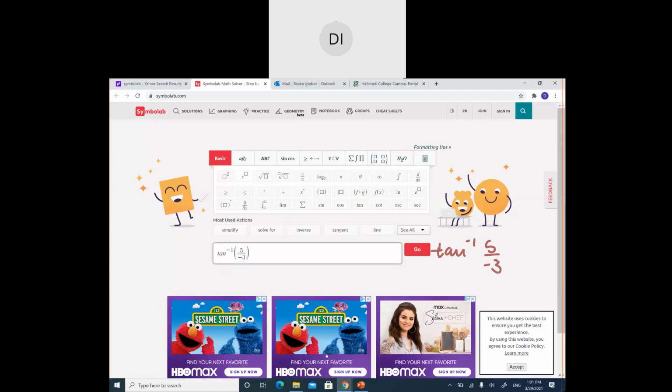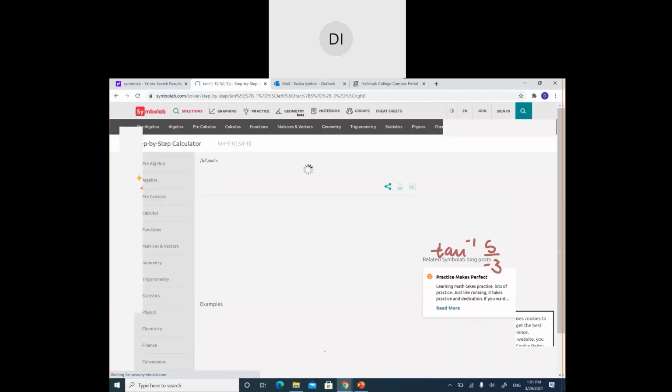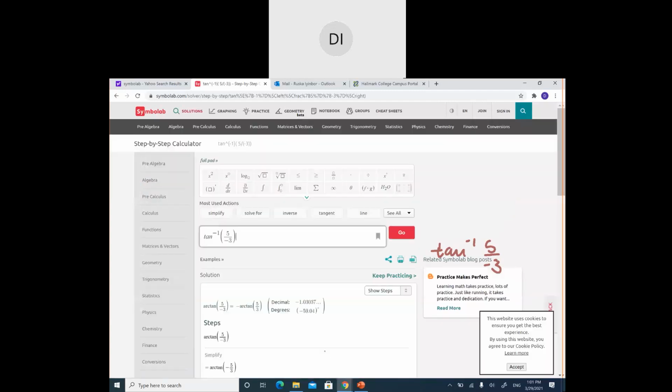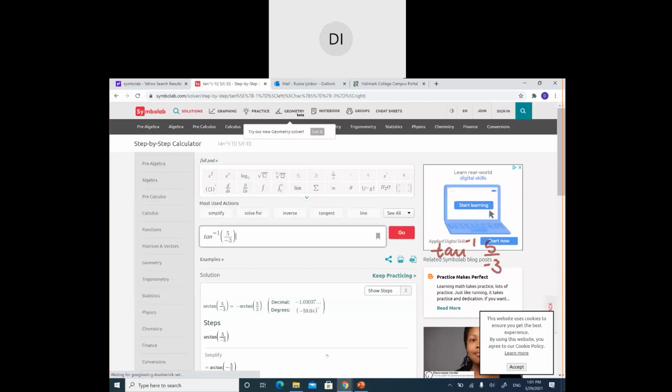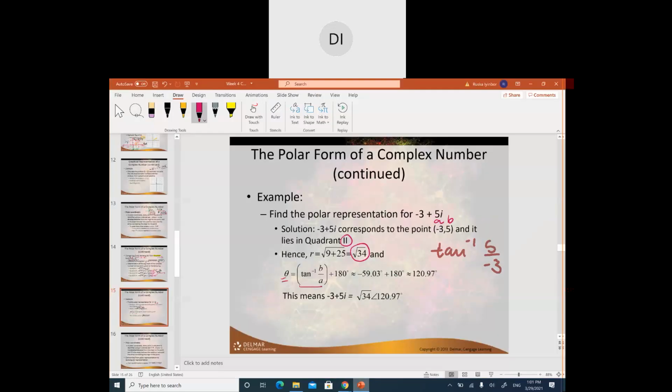And then the calculator is going to give me the degree. I have it in degrees and I have it in radians also. So it's -59.04 degrees. That's exactly what I have here, -59.03, or .04, depending on how they round it.